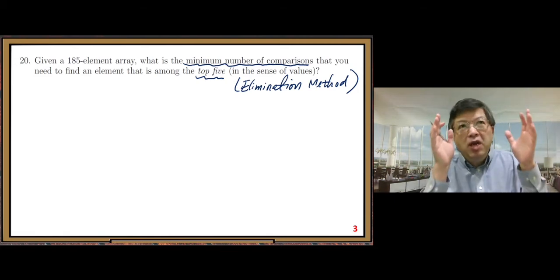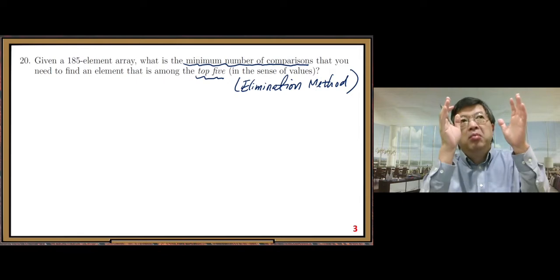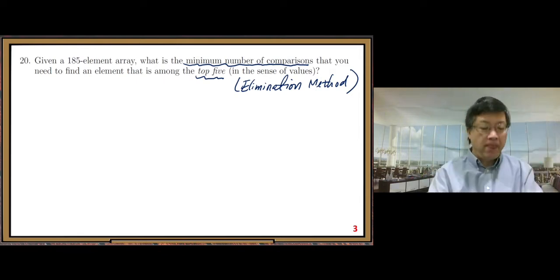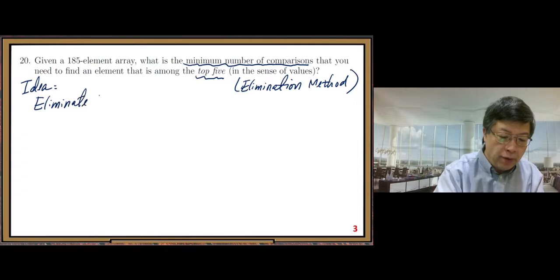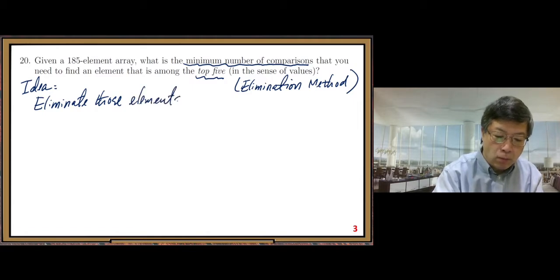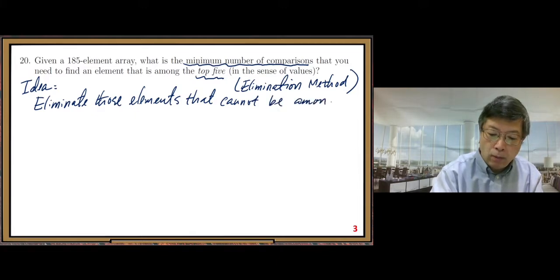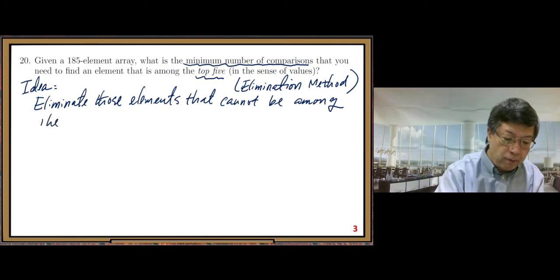If we can eliminate those elements that cannot be among the top 5. All right, so first, the idea: eliminate those elements that cannot be among the top 5.